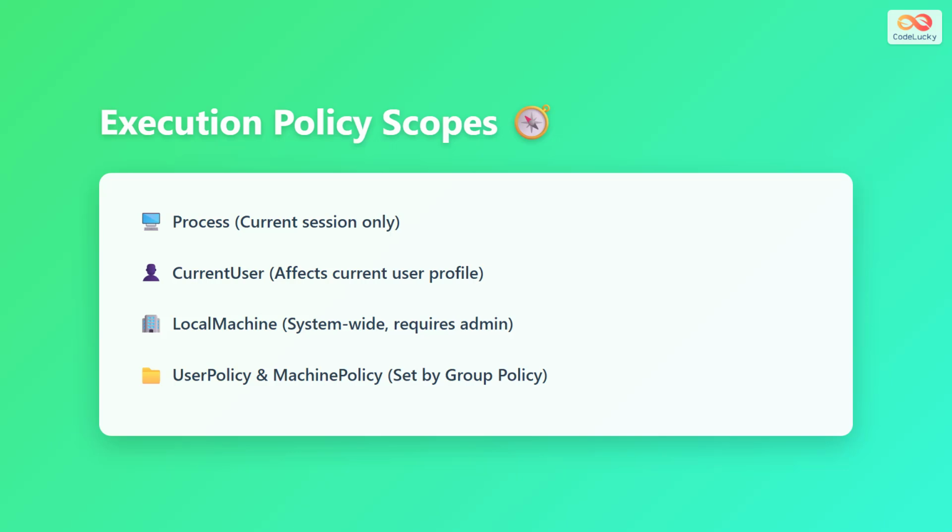The LocalMachine scope is system-wide and affects all users on the computer, but requires administrator privileges to modify. Finally, there are UserPolicy and MachinePolicy scopes, which are set through group policy in enterprise environments. These group policy settings take precedence over locally configured policies, allowing system administrators to enforce security policies across an organization.